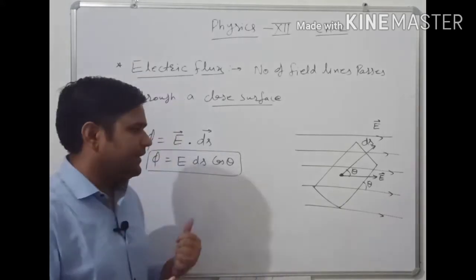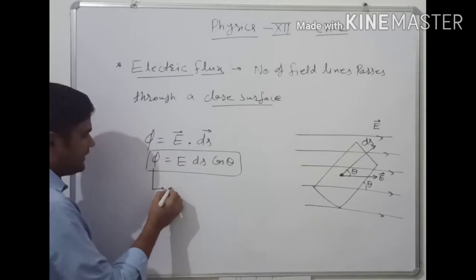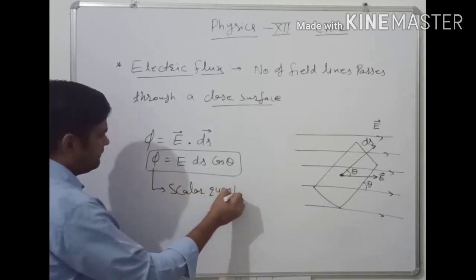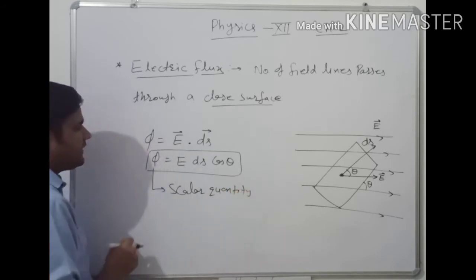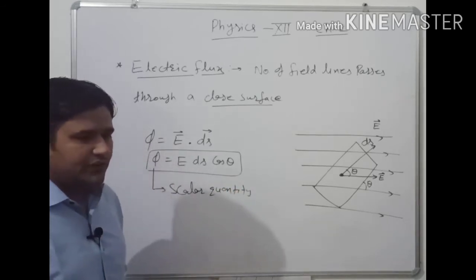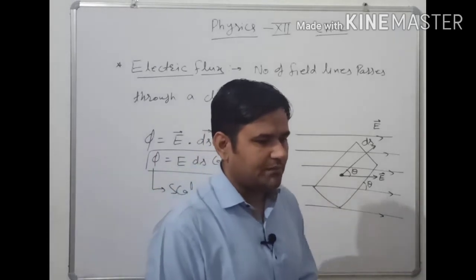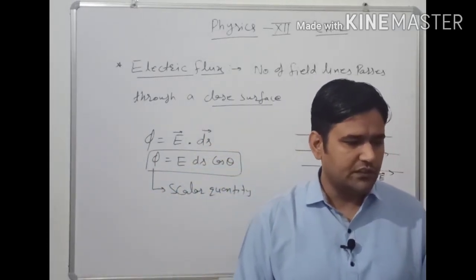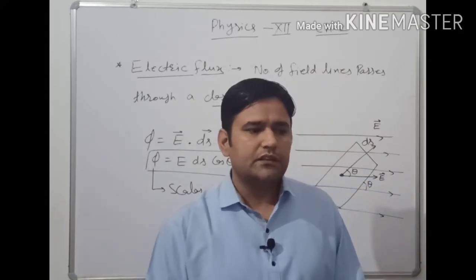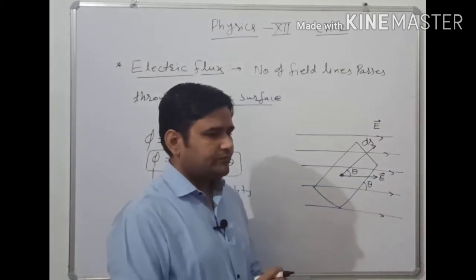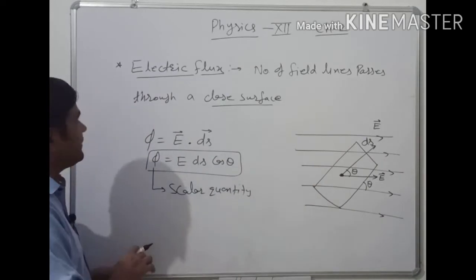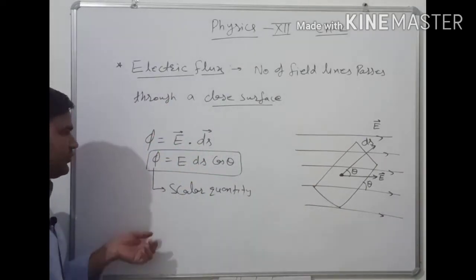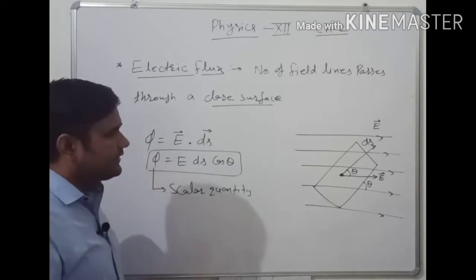That's why phi it is to be a scalar quantity. क्लियर। And the direction of the phi की आपके पास डायरेक्शंस क्या होगी, आपके पास phi की जो डायरेक्शंस होगी वो इलेक्ट्रिक फील्ड डायरेक्शंस होगी, उन्हीं के अकॉर्डिंग होगी। क्लियर। Now it is to be the basic formulation of the electric field lines, okay, and the direction it is not to be important because it is to be a scalar quantity.